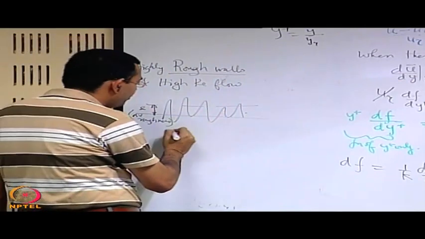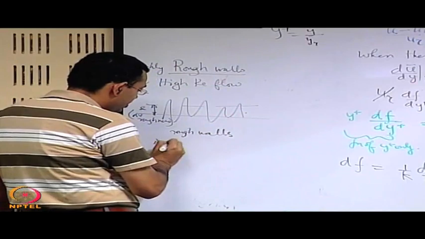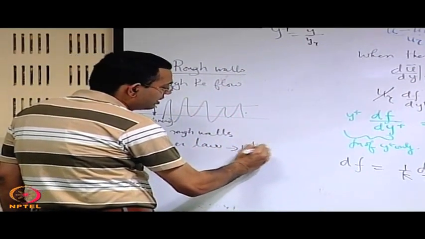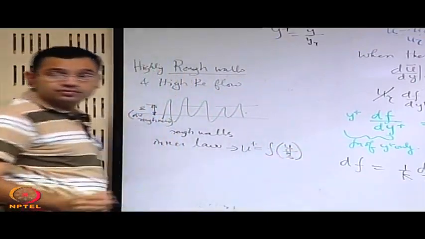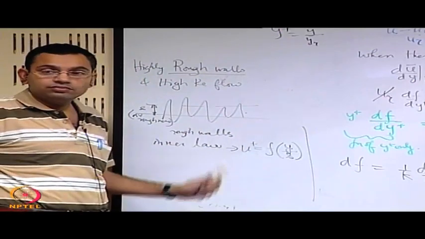So for rough walls the inner law is changed to what? u plus is now a function of y by s, not a function of y by y tau. That is the only change.